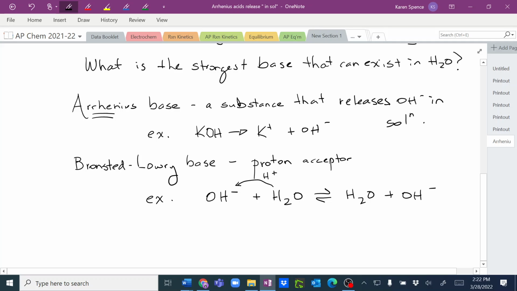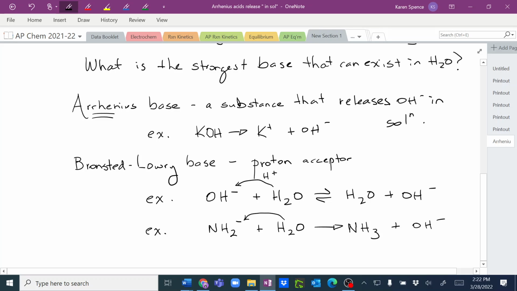So we don't usually talk about that, but what we would talk about is something like NH2- plus H2O, and it becomes NH3, and we are left with OH-.